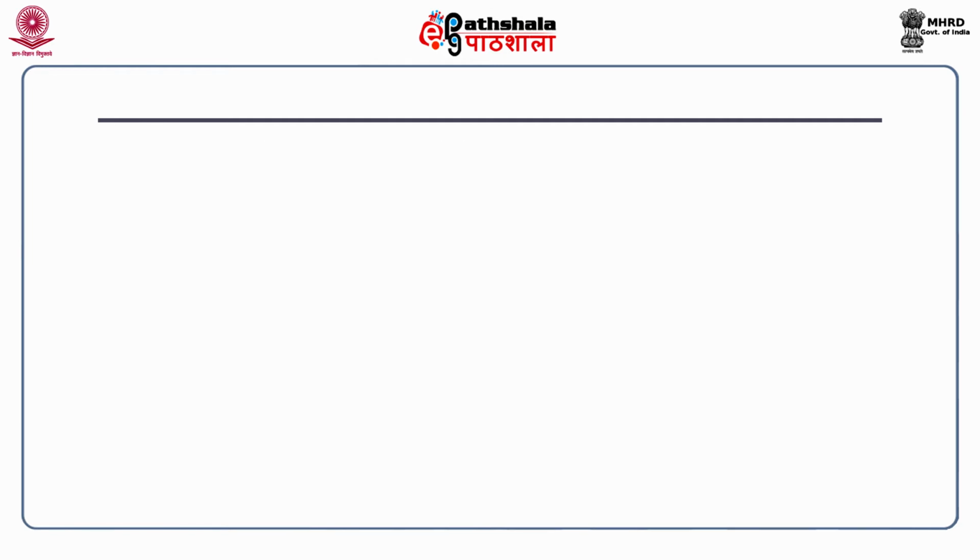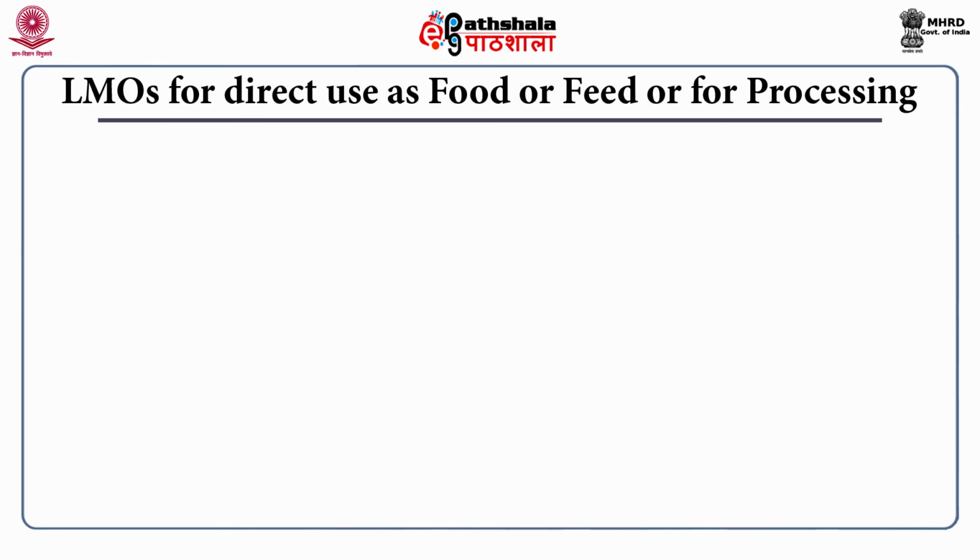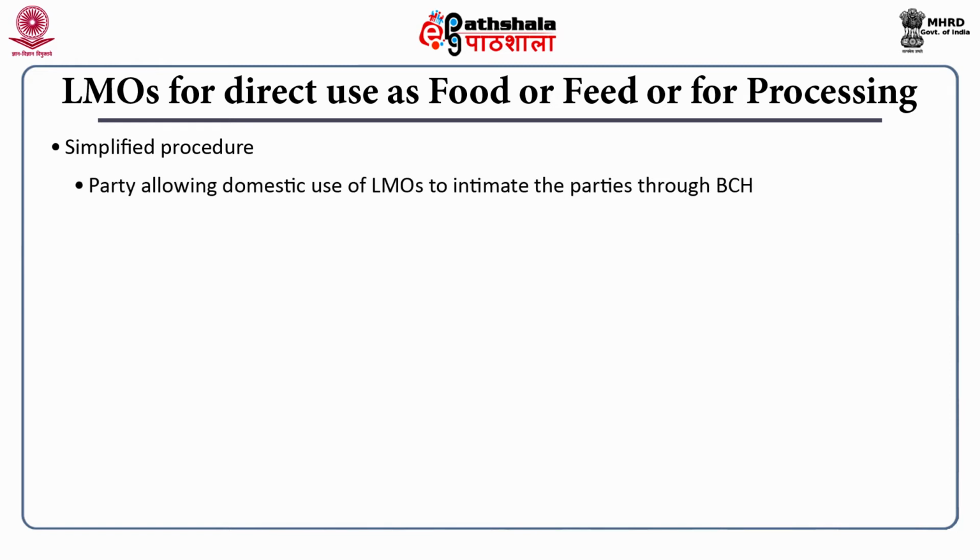And the next point where the Cartagena Protocol is applicable is in the context of living modified organisms used as food or feed and for processing, under a simplified procedure. Here, the party which allows the domestic use of a living modified organism has to intimate the biosafety clearing house as well.